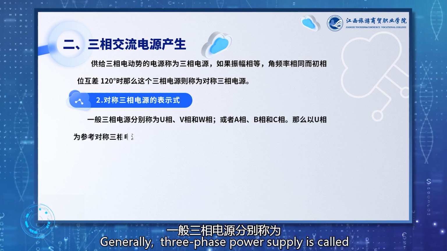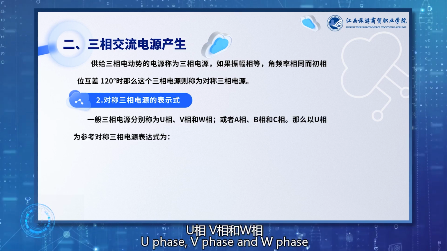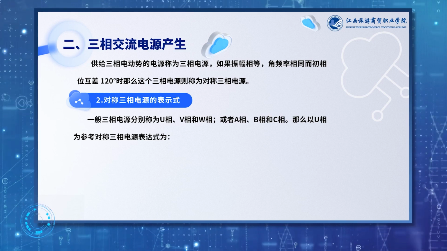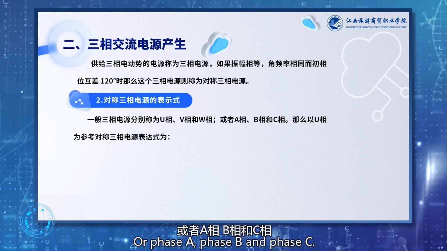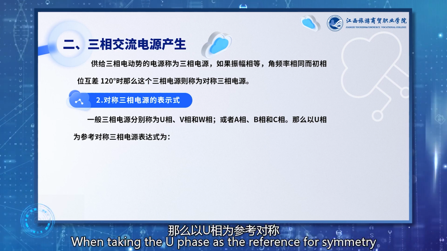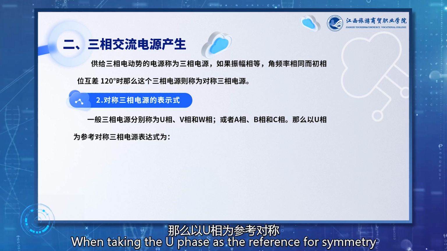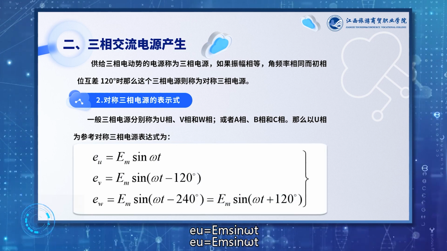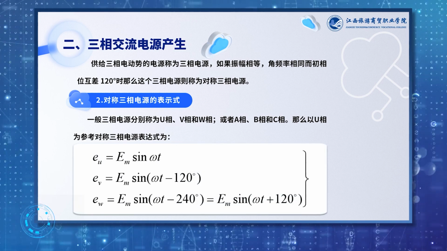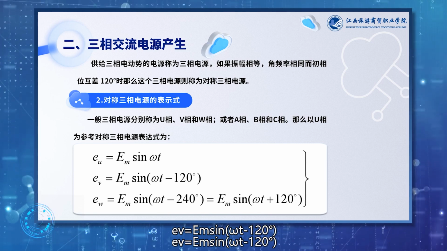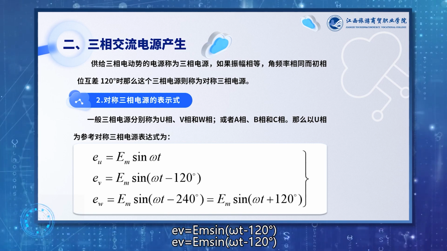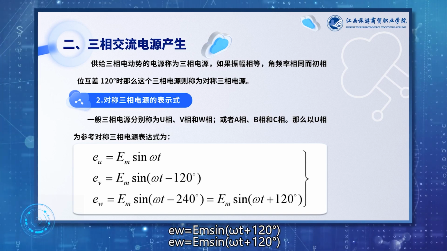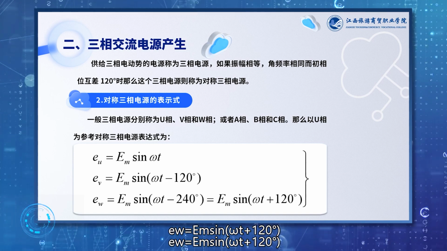Generally, the three-phase power supply is called U phase, V phase, and W phase, or phase A, phase B, and phase C. When taking the U phase as the reference for symmetry, the expression of the three-phase power supply is eU equals Em sine omega t, eV equals Em sine of omega t minus 120 degrees, eW equals Em sine of omega t plus 120 degrees.